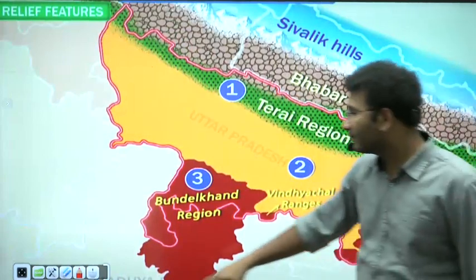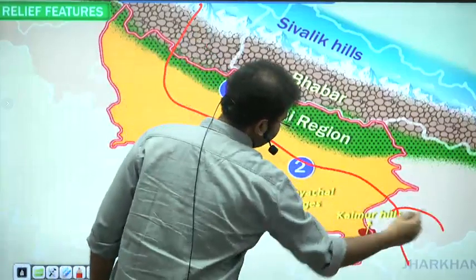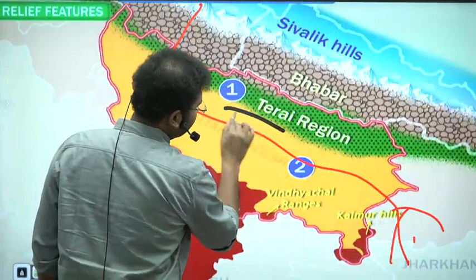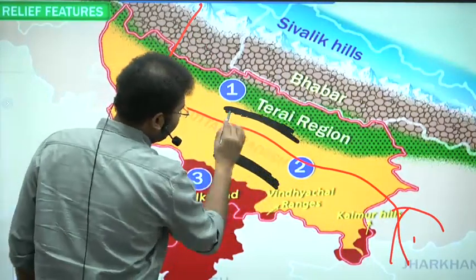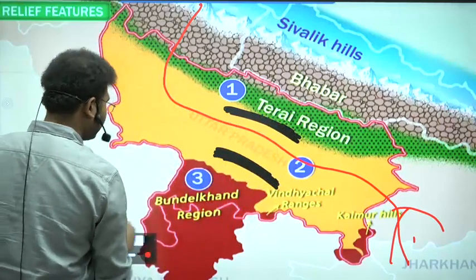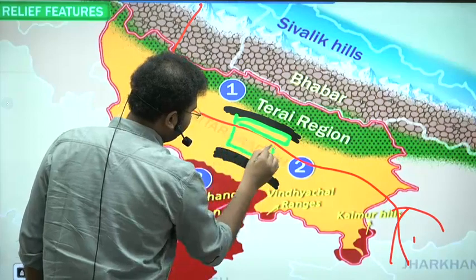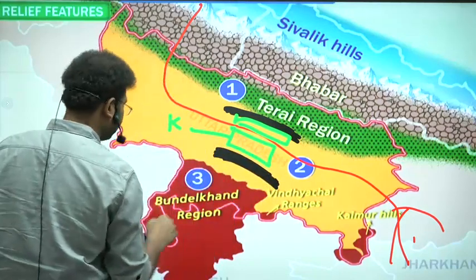Then, if a river is flowing like this, just imagine, next to the river you will find which soil? Far away from this, you will find the old soil, and this is your newly formed soil. This is your Kadar, and this is your Bangar.